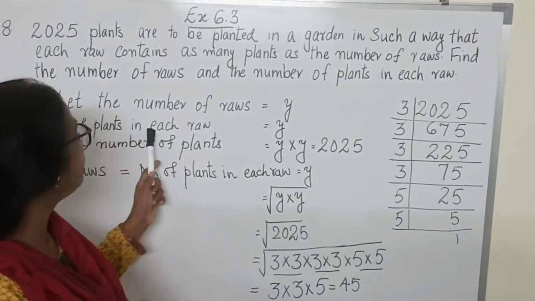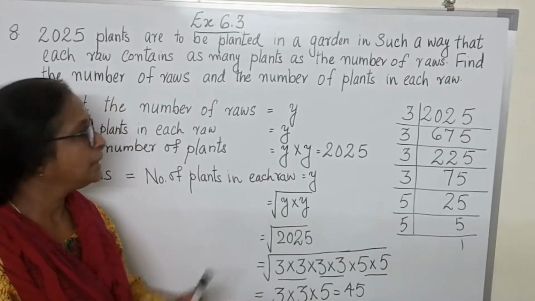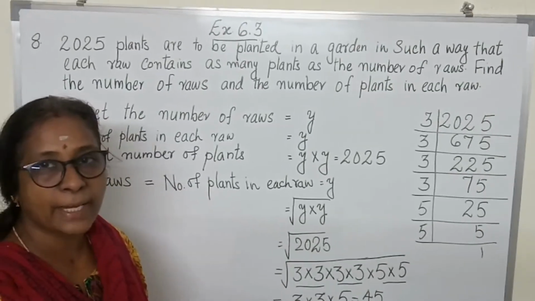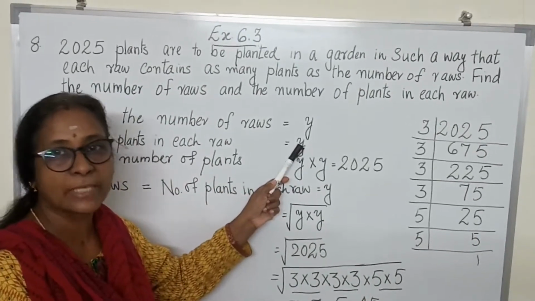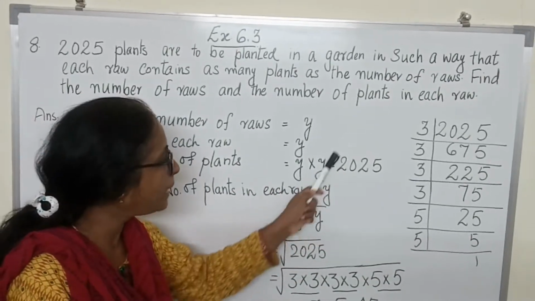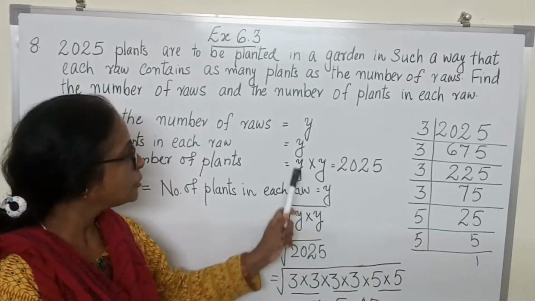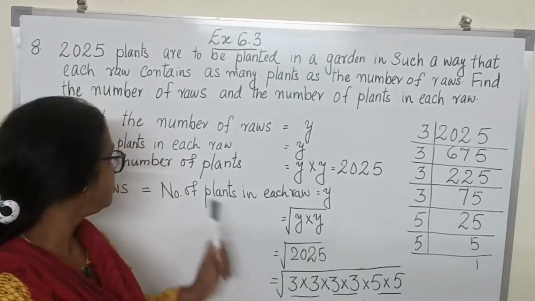So the total number of plants is y multiplied by y. The total number of plants is given in the question, so y multiplied by y is equal to 2025.